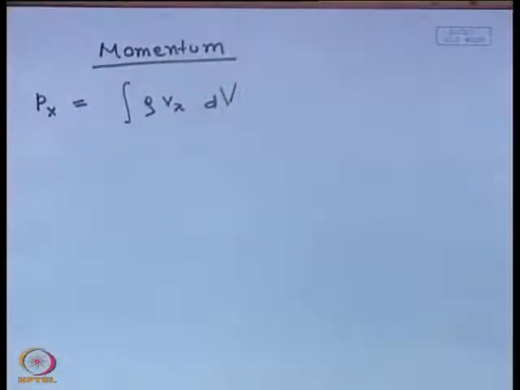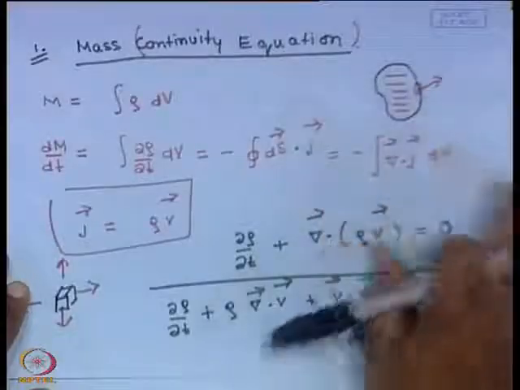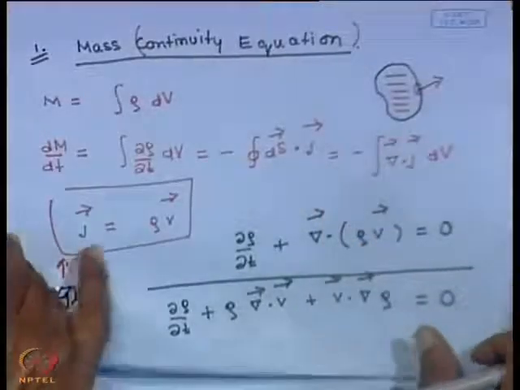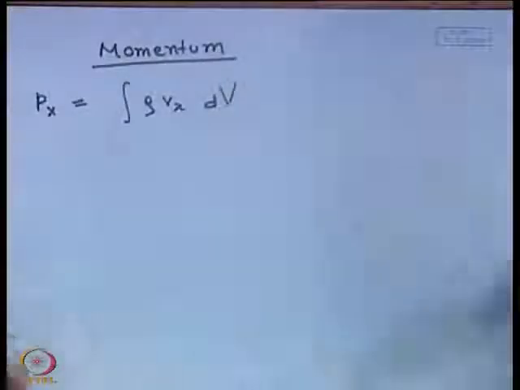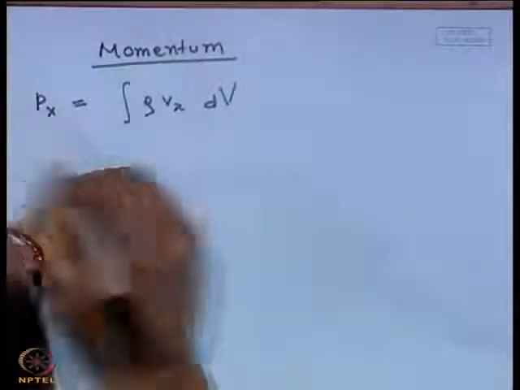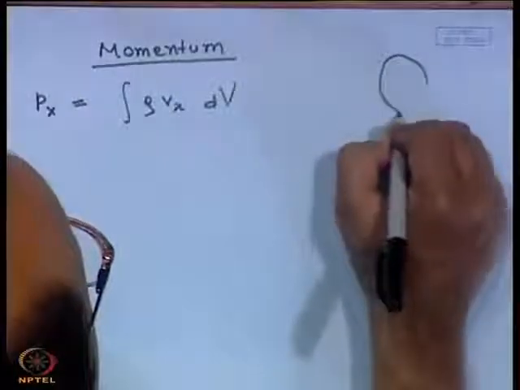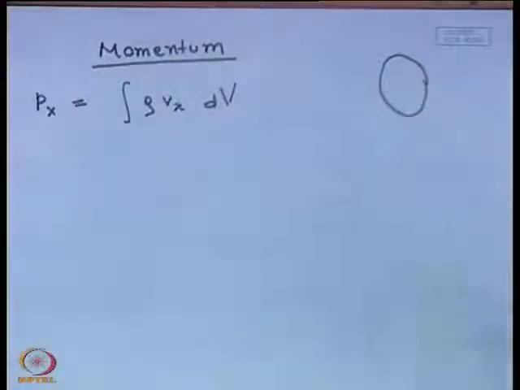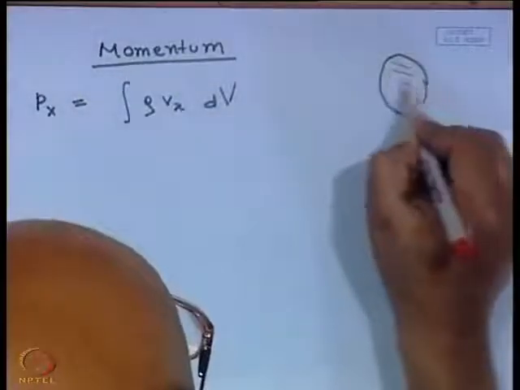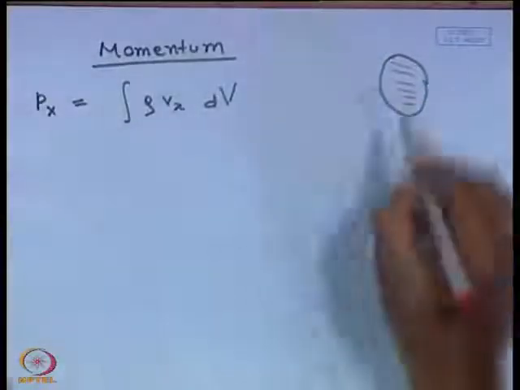Now, let us ask the question, what is the time rate of change of momentum in this volume, p dot. So, p dot, let me draw this volume here, and that is my fluid. Okay, this is the x direction.